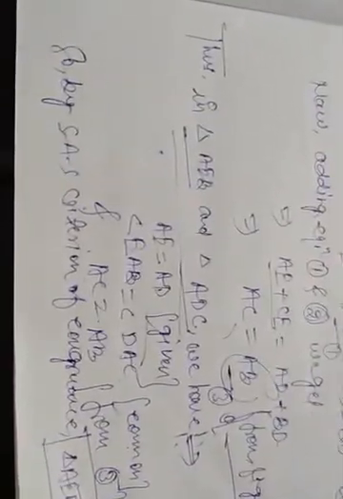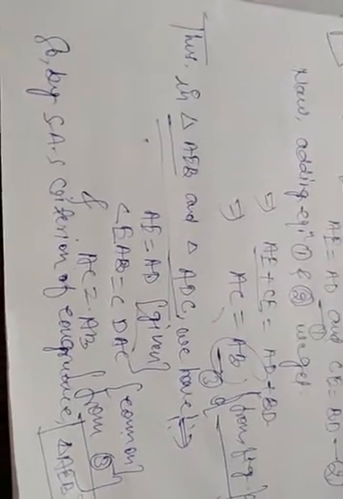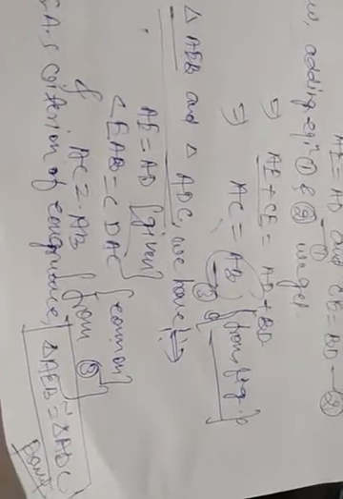So by the SAS criterion of congruence, triangle AEB is congruent to triangle ADC. So dear students, in this way we proved this question.